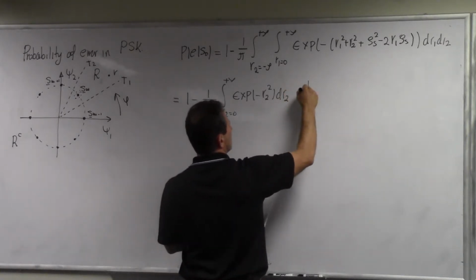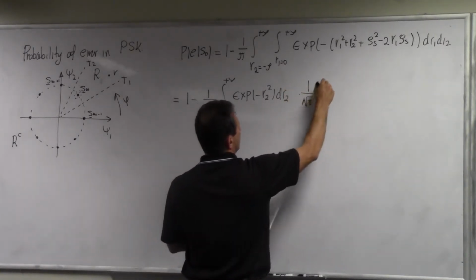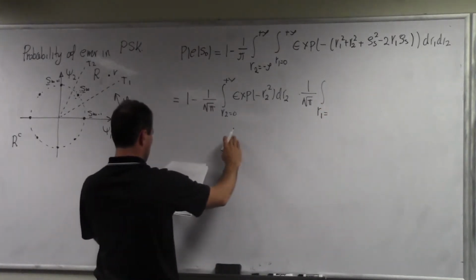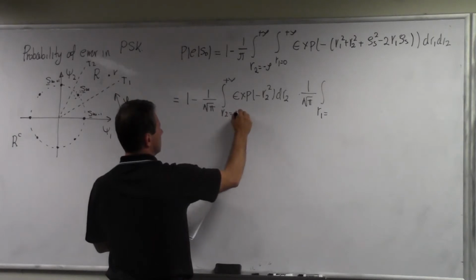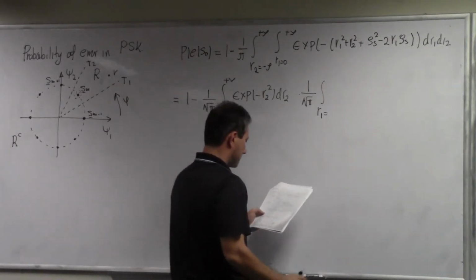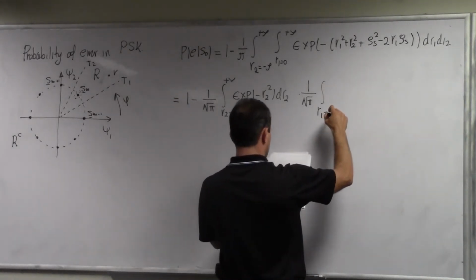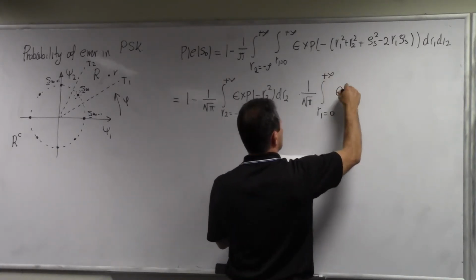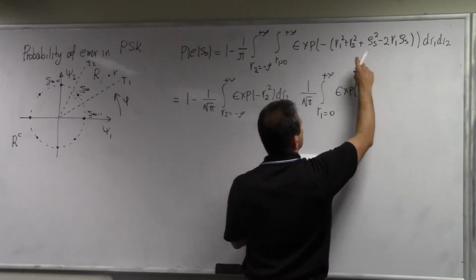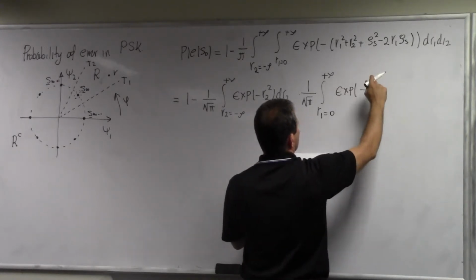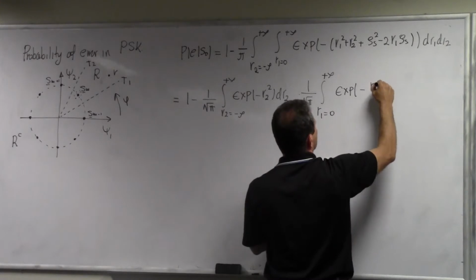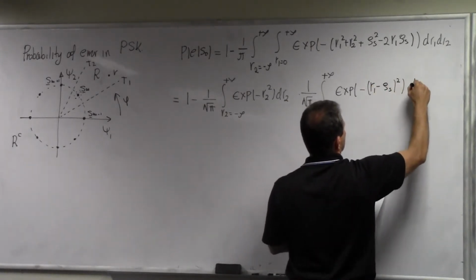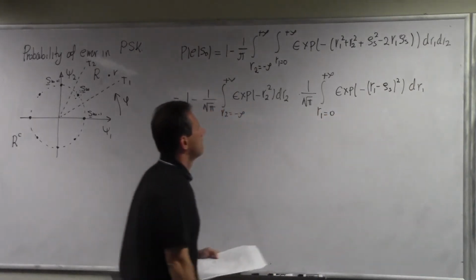And then times 1 over square root of pi, integral R1 goes, okay, this is not from 0, it's minus infinity, so R1 goes from 0 to plus infinity, e to the minus, and if you look here, you have essentially R1 minus rho s quantity squared dR1.